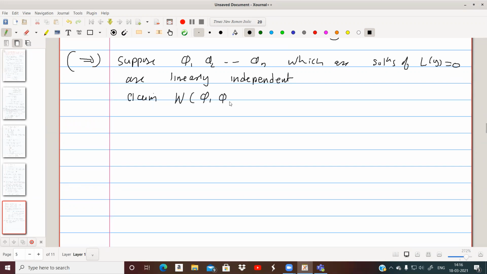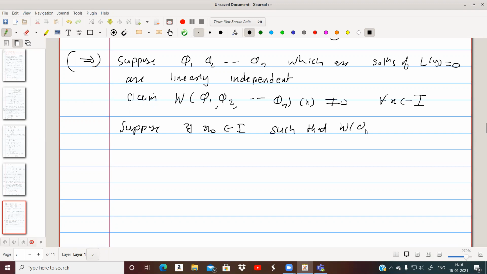The Wronskian of these independent solutions is never zero. Let us do this by contradiction. Suppose there exists x naught in I such that the Wronskian of phi 1, phi 2, phi n at x naught becomes 0.